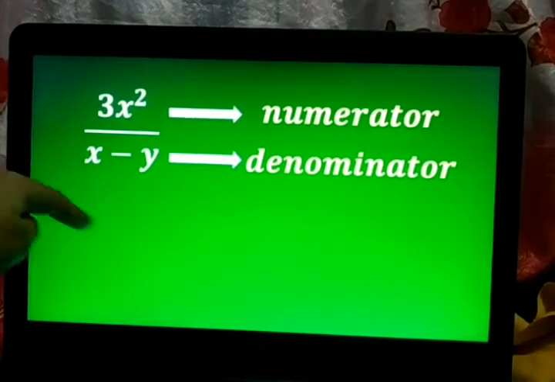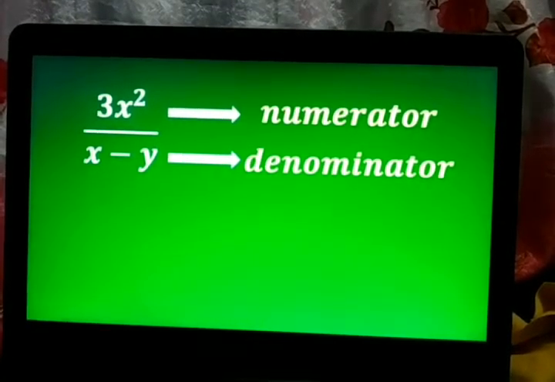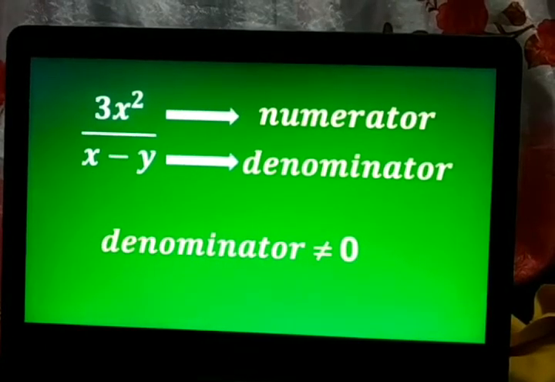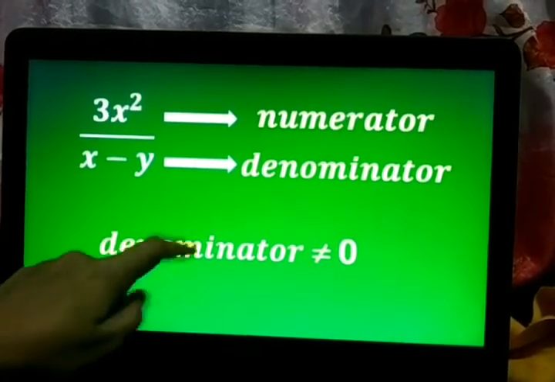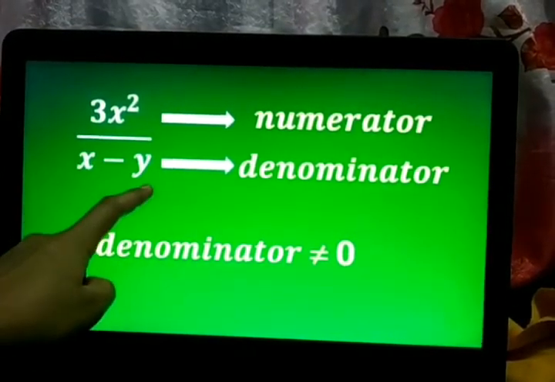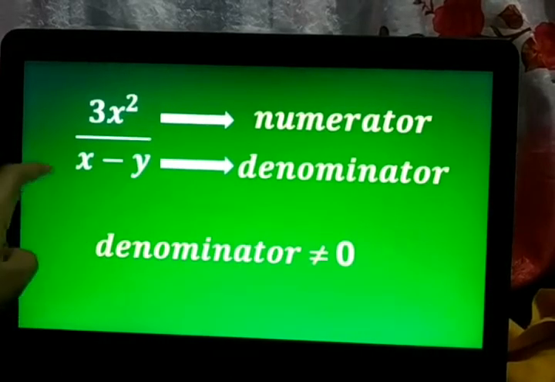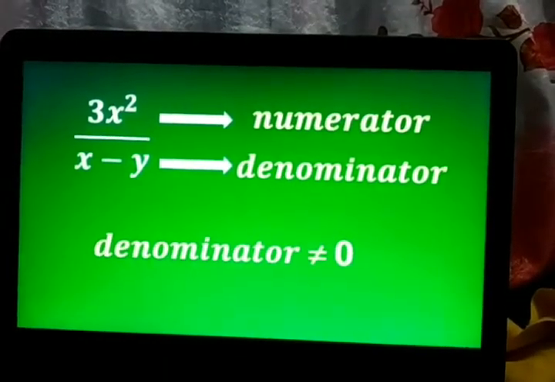Again, this is in ratio form. That's number 1. And the number 2 qualification is the denominator must not equal 0. Your denominator, the number at the bottom part of your bar, must not be equal to 0. That's number 2.